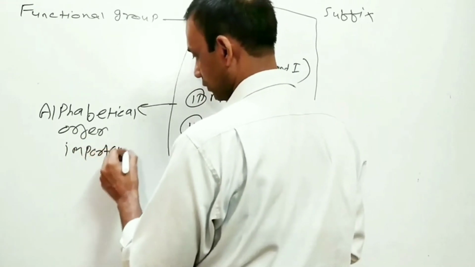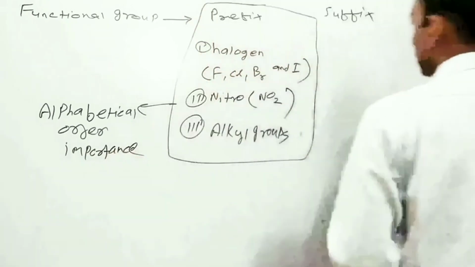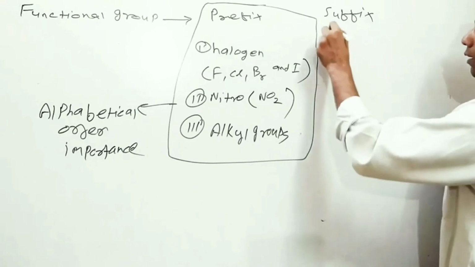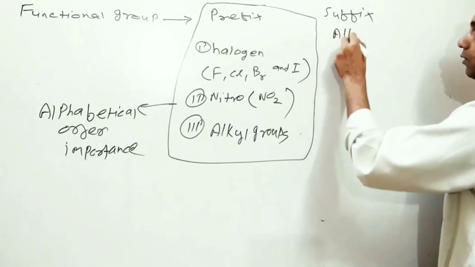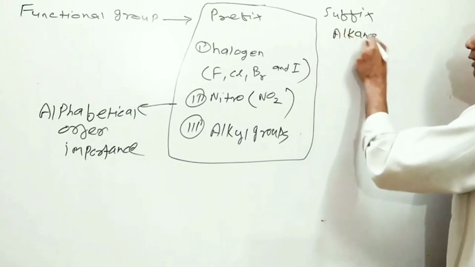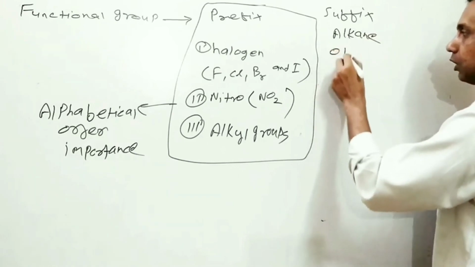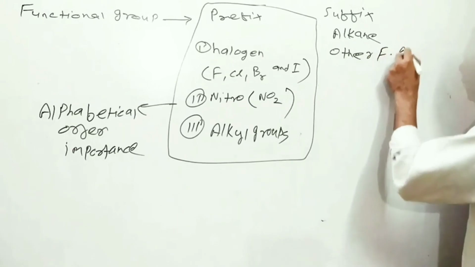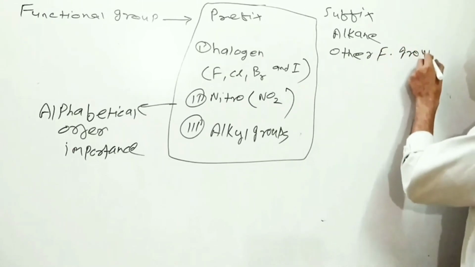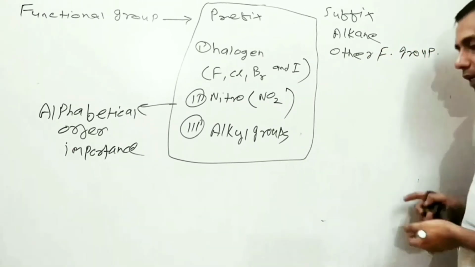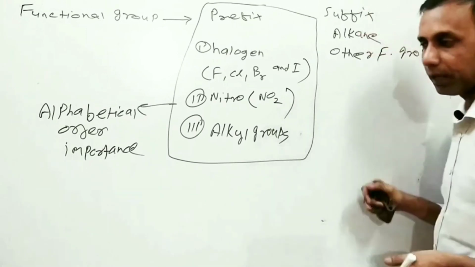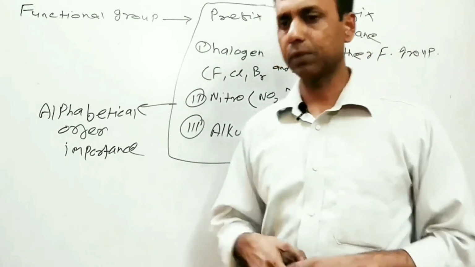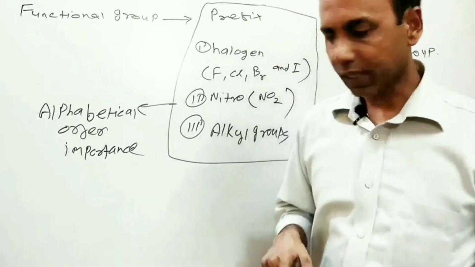But what are suffixes? Suffixes are either alkanes, and other functional groups. You need to understand that other functional groups are also suffixes. But if there are more functional groups in a compound, I'll let you know once I do that, because this requires practice. So let me help you with that.